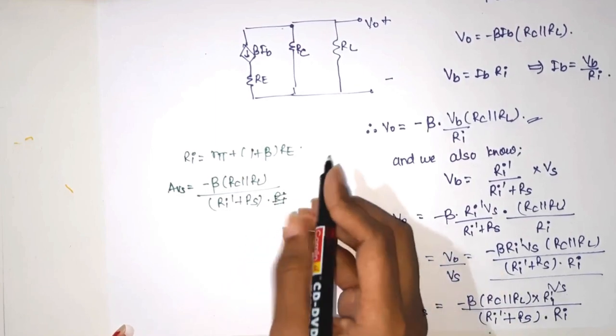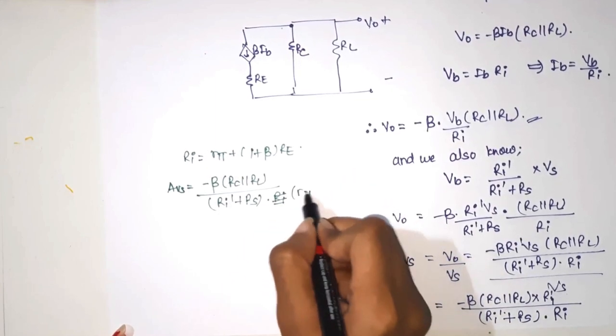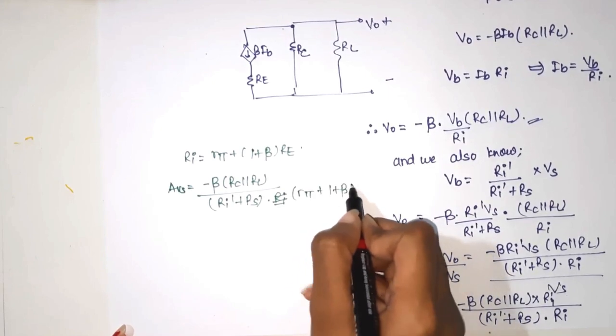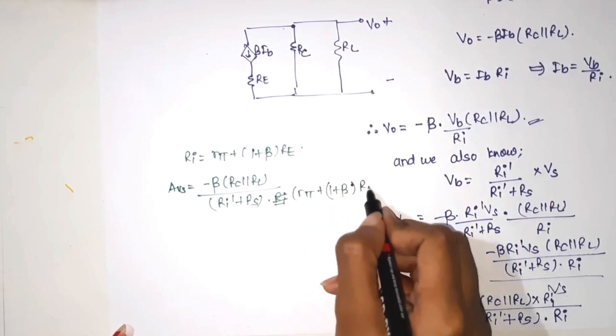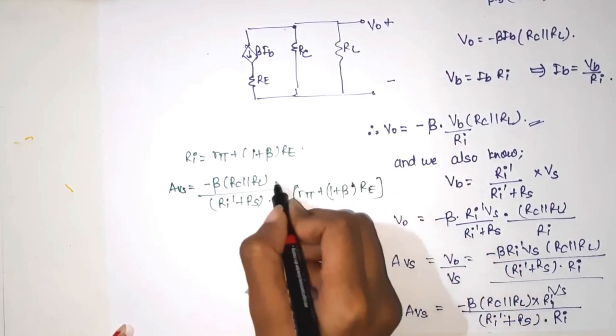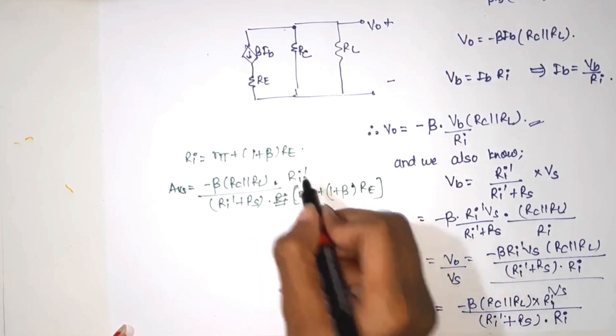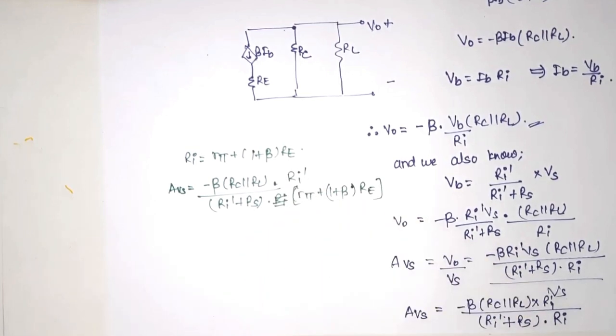Now in place of Ri we'll be writing R pi plus 1 plus beta times Re, and this will be Ri dash. Okay, so the value of AVS we get is minus beta times RC parallel RL into Ri dash upon Ri dash plus Rs into R pi plus 1 plus beta times Re. Now this is the exact expression that we get for AVS.